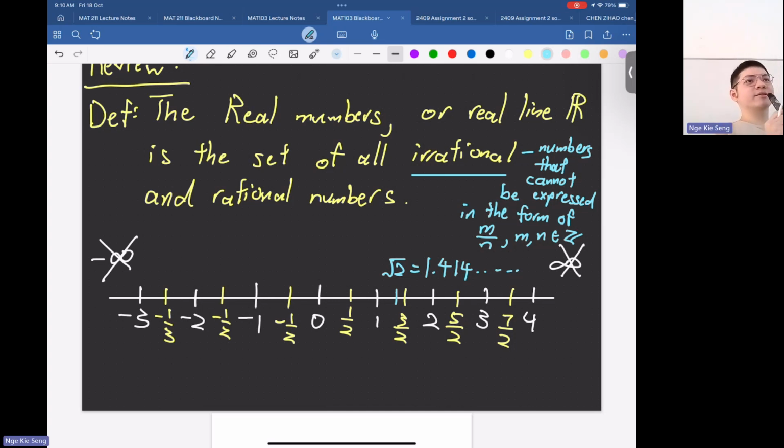Anything inside real number. What else you can put inside this line? Real number. Yeah. Rational and irrational. What numbers are rational and irrational? Three over four. Sure. So where's 3 over 4? Around here. 3 over 4 should be around here.